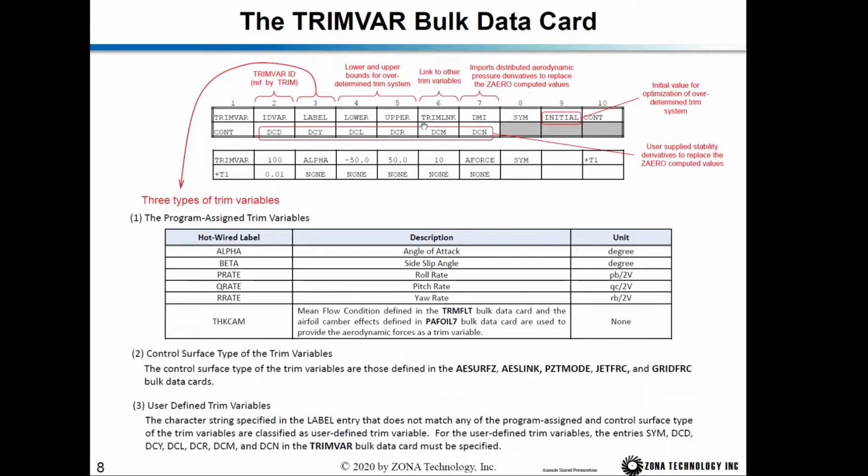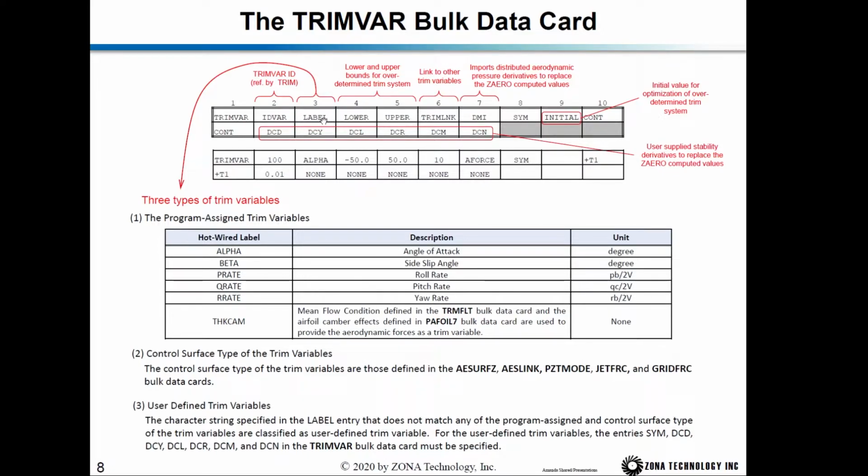And trim link refers to a trim link card. You can link this trim variable to other trim variables. And DMI, you can import the distributed aerodynamic pressure derivatives to replace the ZAERO computed value. So if you have some CFD computed pressure at two different angles of attack, then you can use finite difference to calculate the dCP by d alpha.